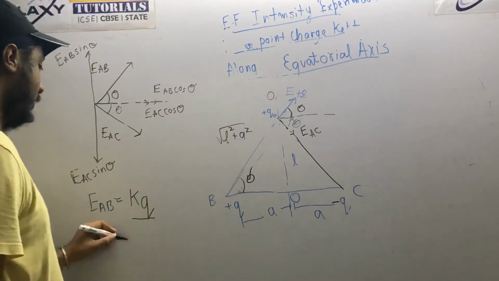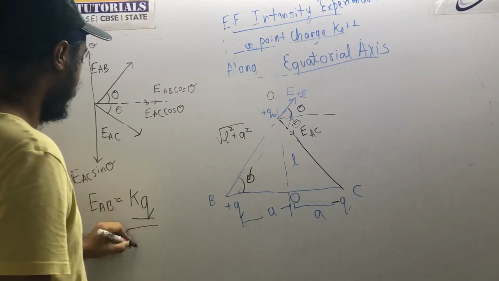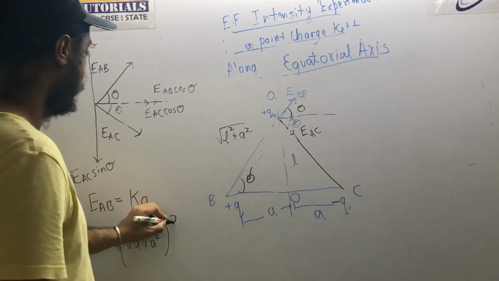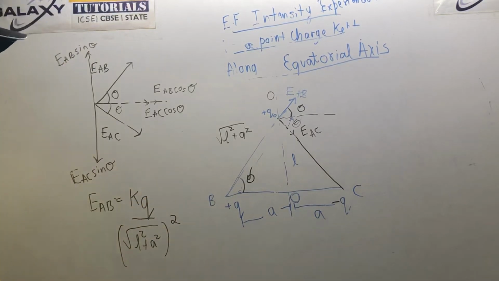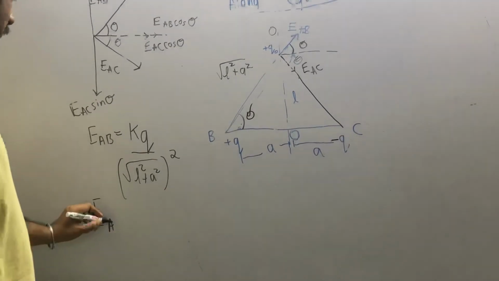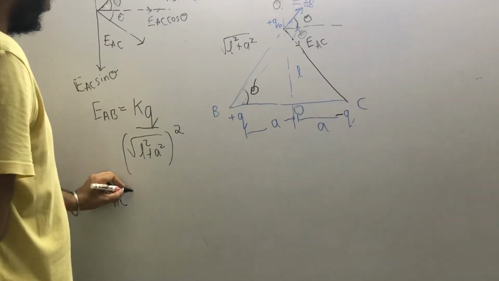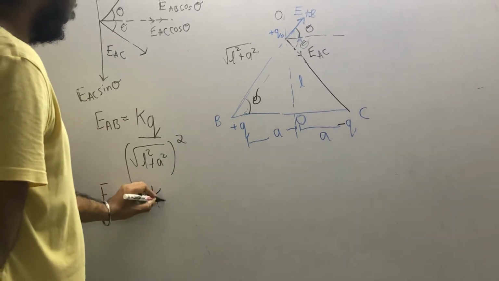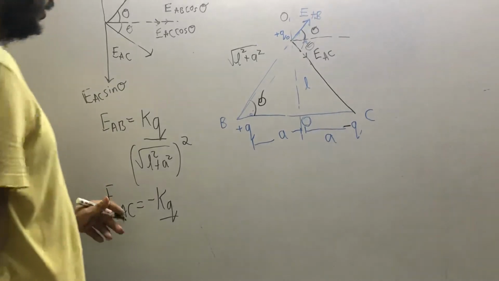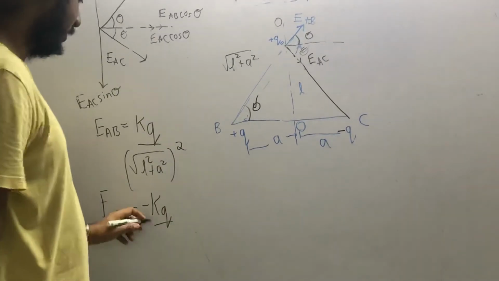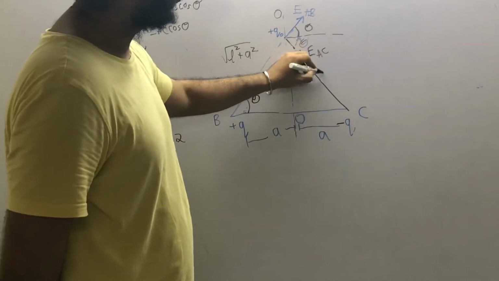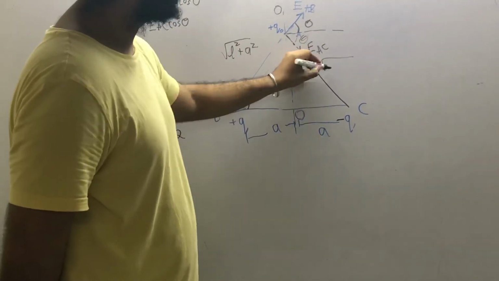So EAB will be KQ upon the square of under root of L square plus A square. And EAC will be minus KQ. Minus basically indicates it is in the opposite direction. What is this distance? This is also under root of L square plus A square.